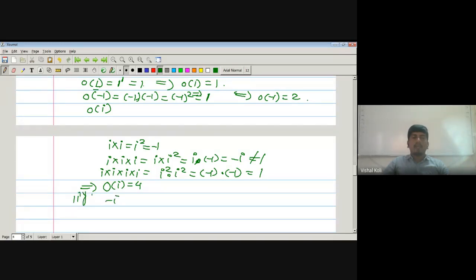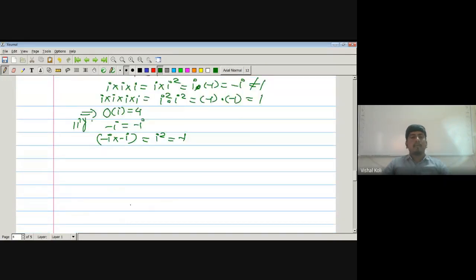Similarly, order of minus i. If we multiply minus i one time, it gives minus i. Minus i into minus i is plus i square, and i square will be minus 1, which is not equal to 1. Minus i into minus i into minus i is equal to minus of i into i square, and i square is minus 1, which gives plus i.